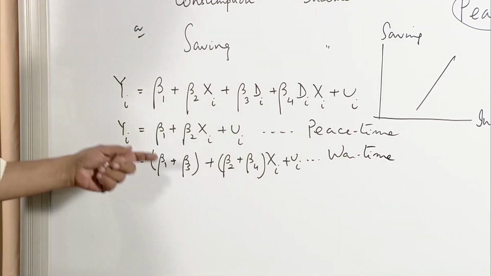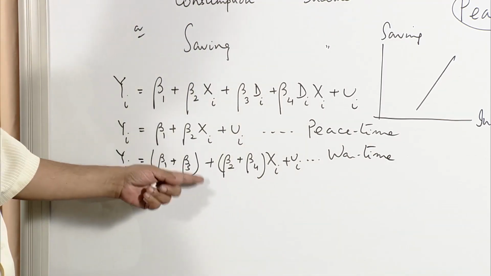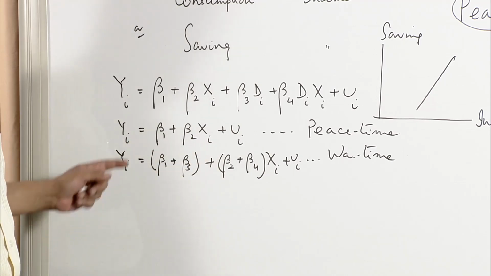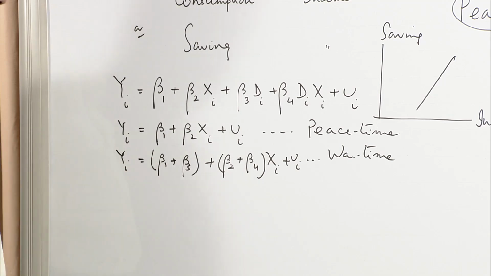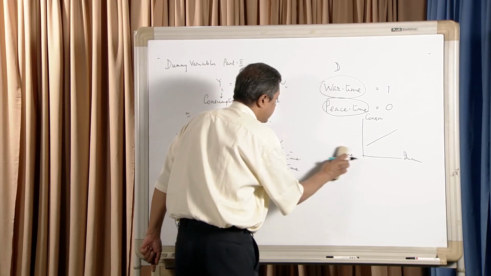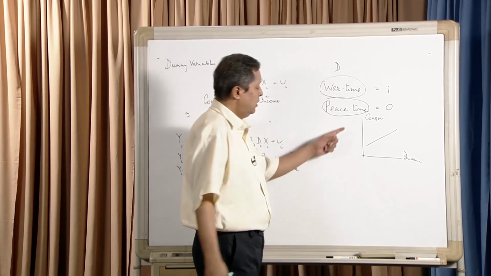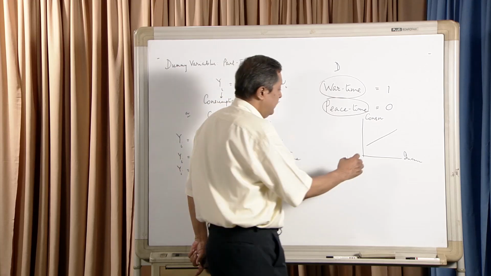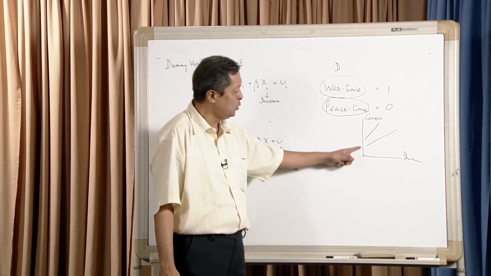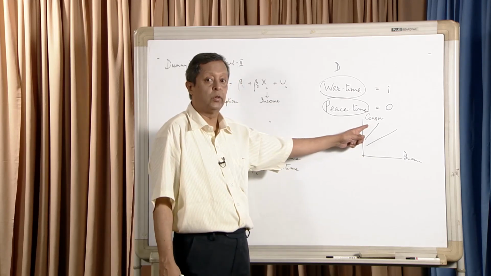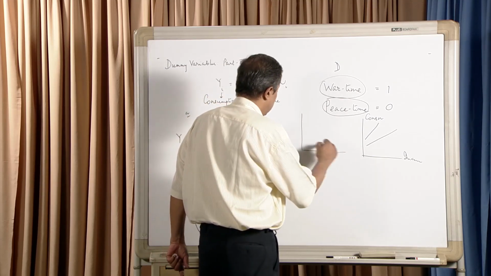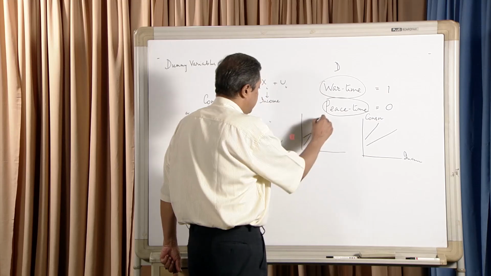By now you will have noticed that both the intercept and the slope can be different according as it is peace or war. So, if we concentrate on the regression of consumption over income, then we would get two different regression lines. You can see that the two intercepts are different and the two slopes are also different. Of course, this is not the only possibility. This is the peacetime, that can be wartime.